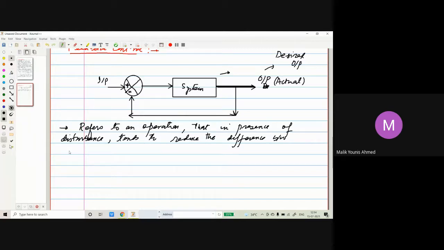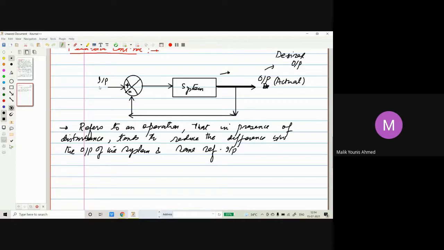the output of the system and some reference input. That means actual output and reference input.